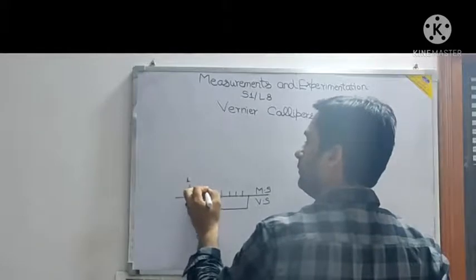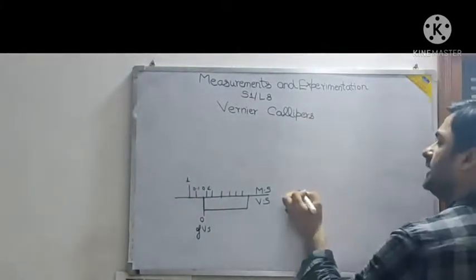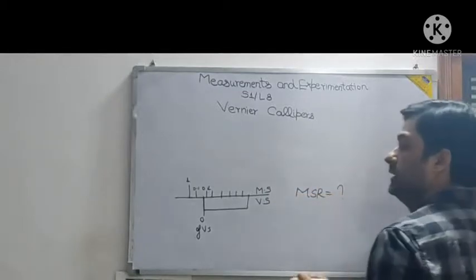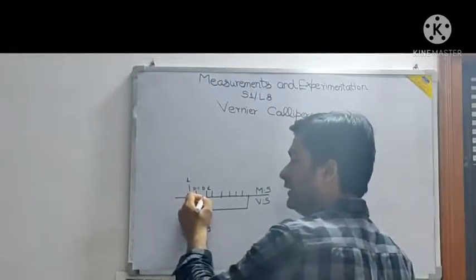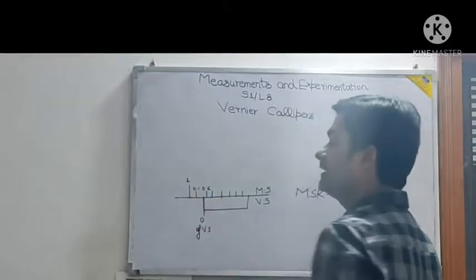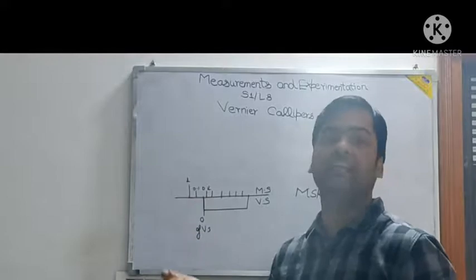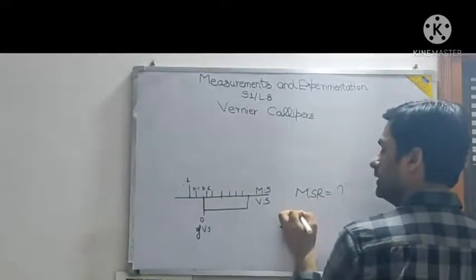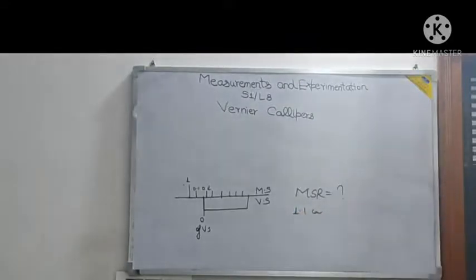This will be 0.2. Now, what is the main scale reading? How to take the main scale reading here? So see, we have taken the 0 of vernier scale. Now, whatever value is the lower value, since the vernier 0 is between 0.1 and 0.2, we will take the lesser value. So here main scale reading will be, since 1 centimeter is already here, 1.1 centimeter. We will take that.